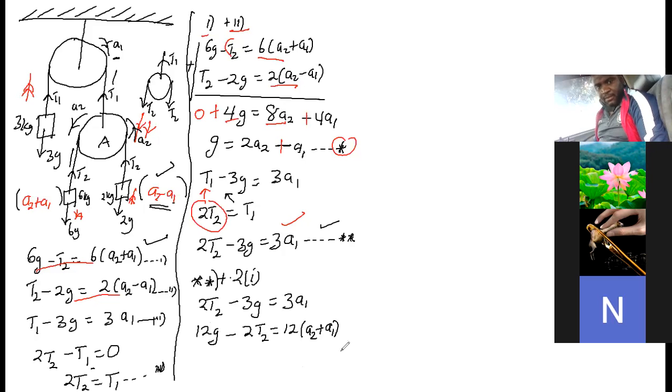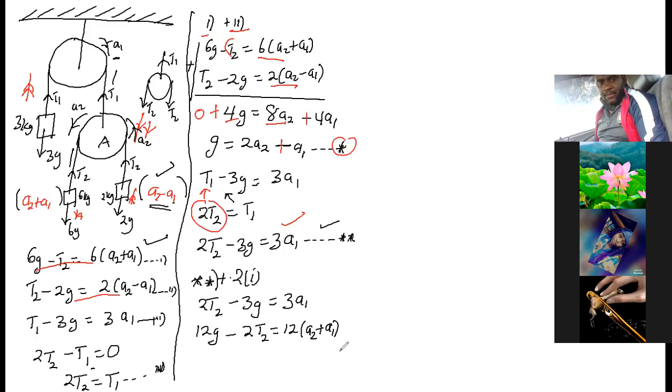Why are we multiplying it by 2? Guys, it is simultaneous solving. Remember, in simultaneous equations, when you want to eliminate something, if they do not have the same coefficient, you multiply by a factor which makes it have the same what? Coefficient. That is senior 2 work.